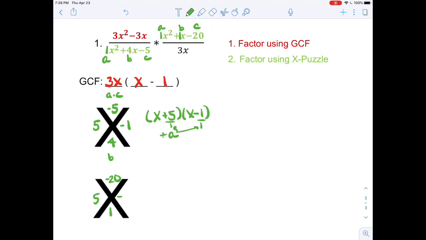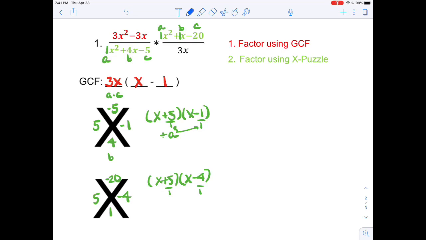And 5 and negative 4 will make this X puzzle true, giving me factors of x plus 5 and x minus 4. Again, remembering to divide by your a value, which in this case is just 1. 3x, the denominator of that second rational expression, is already as simplified as it can get, so we don't have to do anything to that.